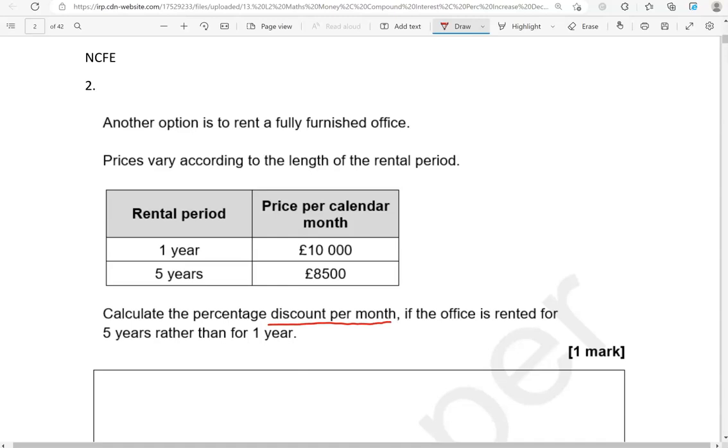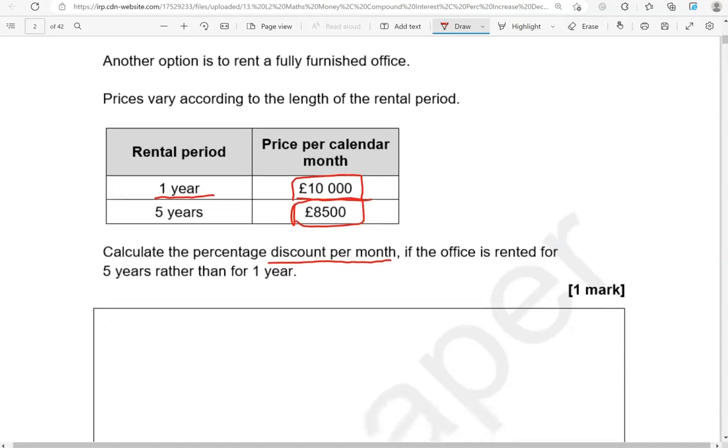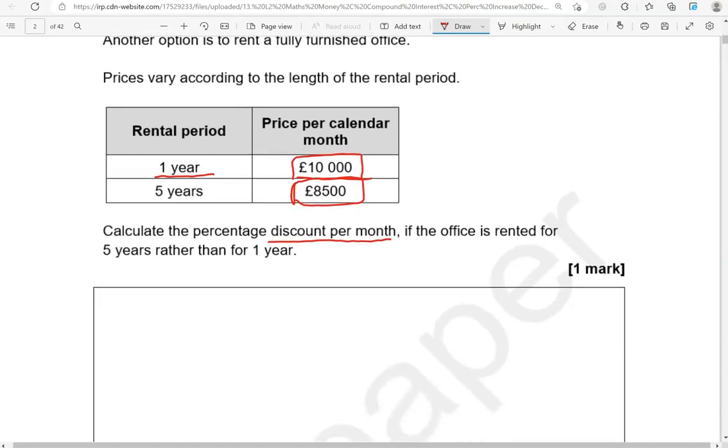So rental period 1 year, price per calendar month is £10,000. So this is the price per month, and this is also the price per month. So what is the discount? If we take away 8,500 from the 10,000, that's going to give us the discount.